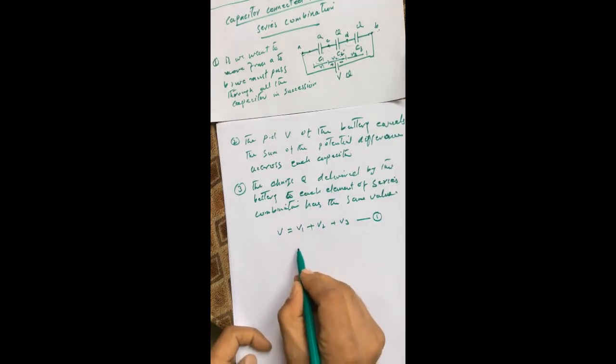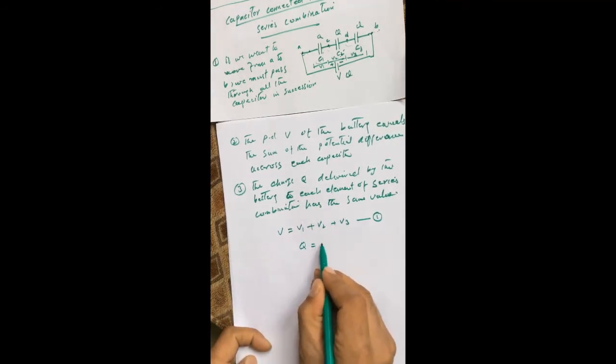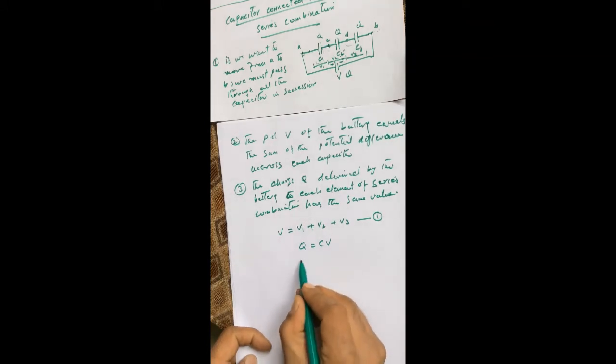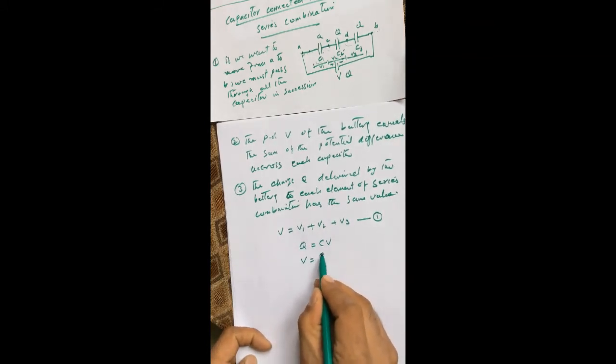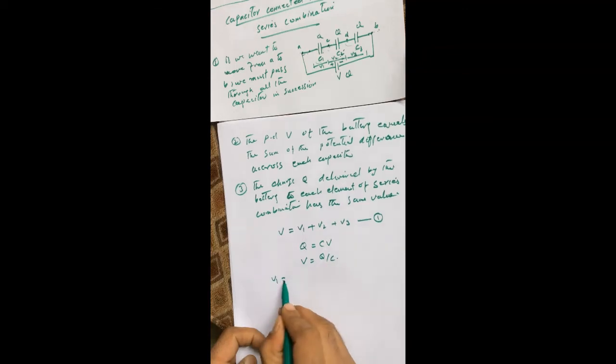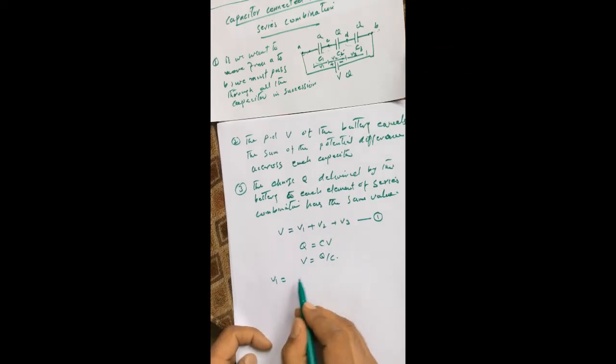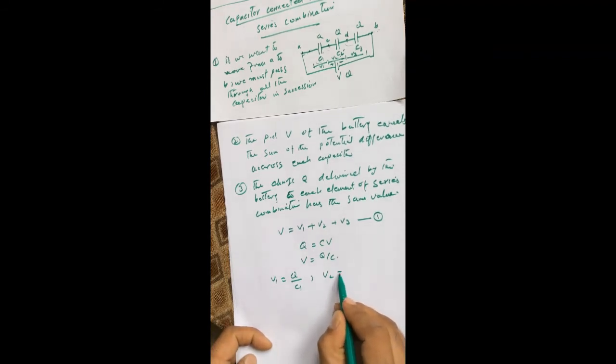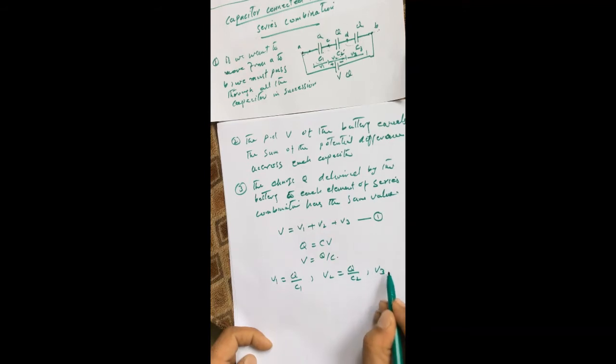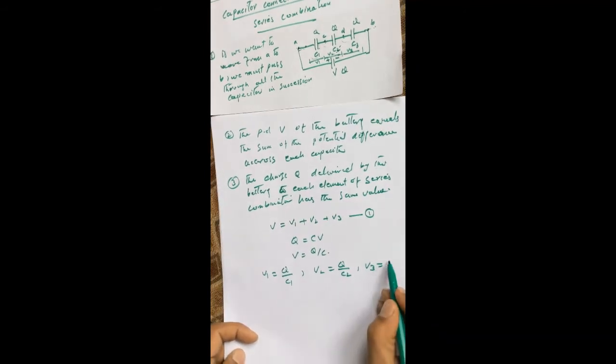We know that Q is equal to CV. From this I can calculate the value of V, which is Q over C. Then V1 will be equal to Q over C1, because the charge is the same in all capacitors. V2, the potential difference across capacitor C2, is equal to Q over C2, and V3, the potential difference across capacitor C3, is equal to Q over C3.